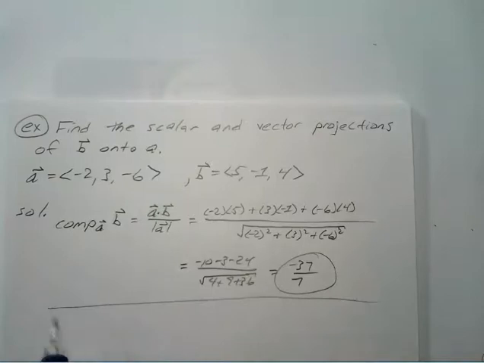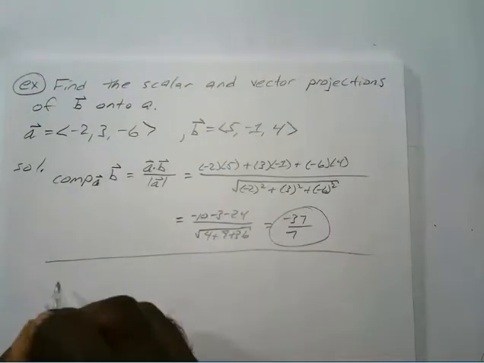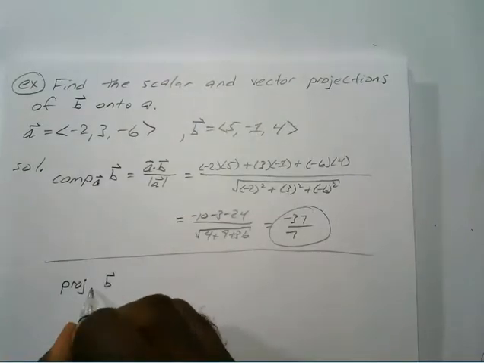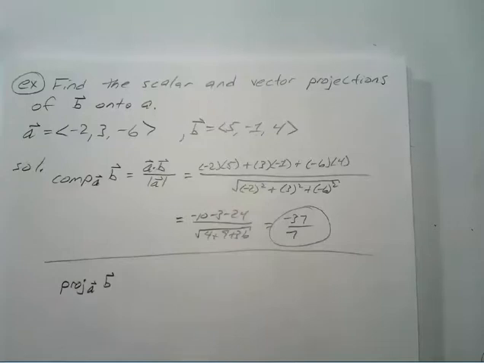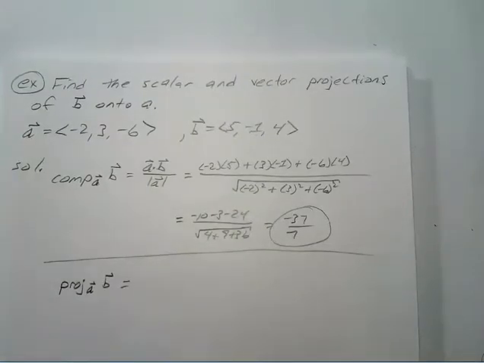Now we use that to find our vector projection of B onto A. Remember, you can use one of 2 formulas for this.